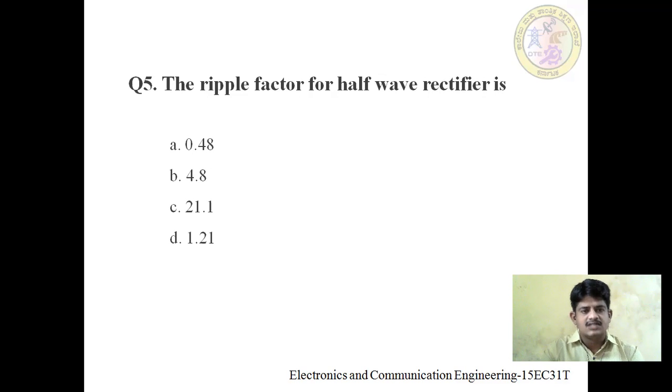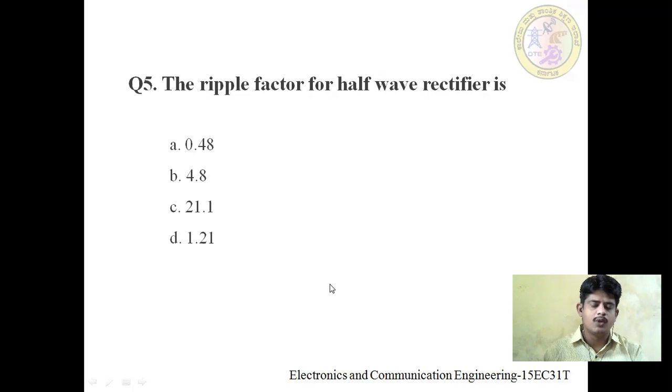In the succeeding sessions, we'll go through the derivations of how we can get that value. So which one is the correct answer? The correct answer is 1.21. This is the ripple factor of a half wave rectifier. The answer for question number 5 is option D.